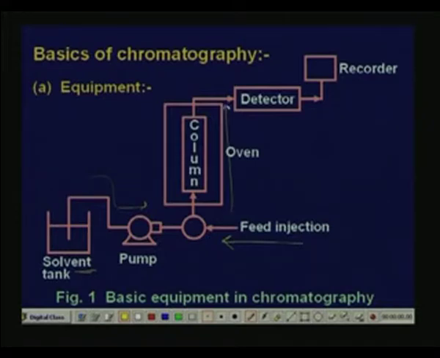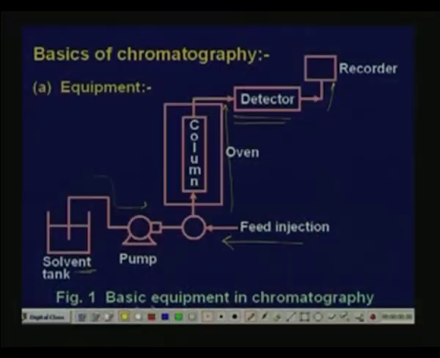The column will retain the mixture for some time, after that it will elute the gases one by one. That will be detected and ultimately recorded in a recorder, strip chart recorder or XY recorder. From the peak we can know the percentage composition of the gas.